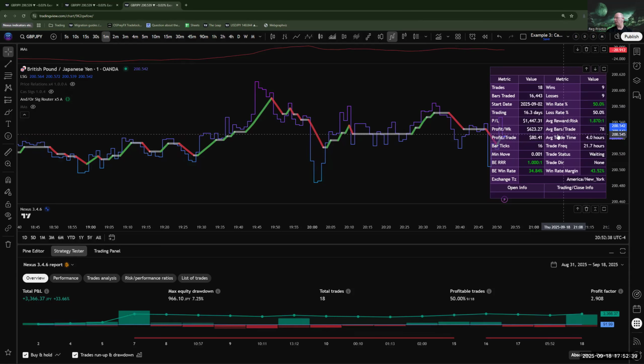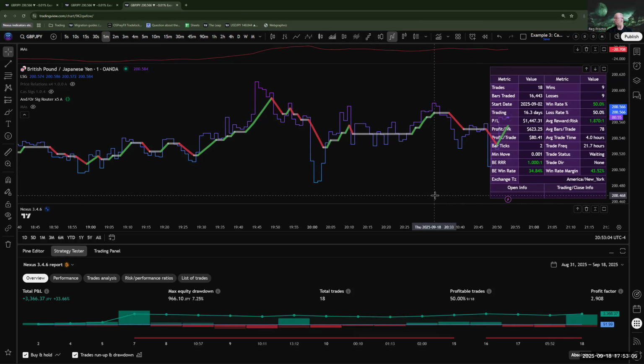Average trade time, I think it's obvious, that's just saying, hey, your average trade is lasting 4 hours. So all the numbers here, just so you know, have been refined over a long time. We've put so many things in there and then taken them out again. This is what we settled on as the most useful stuff on an ongoing basis, just so you know.